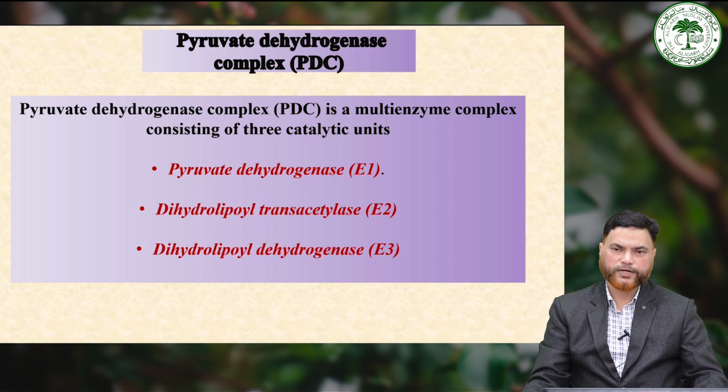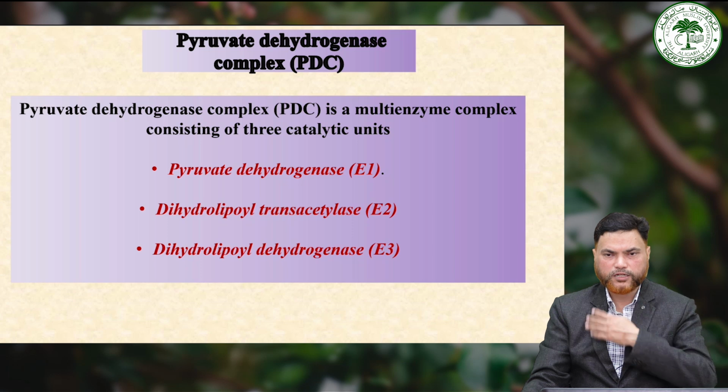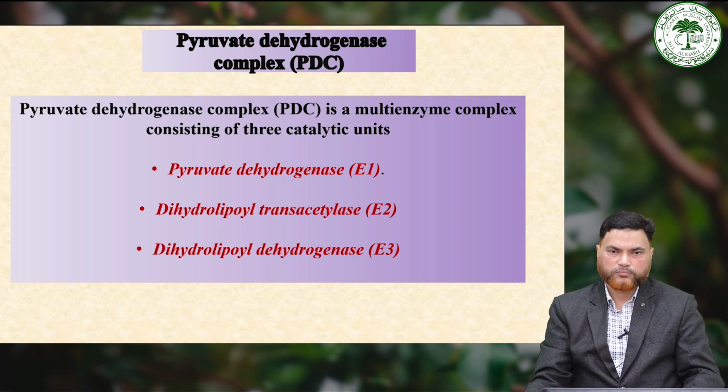And then pyruvate dehydrogenase also facilitates the second step, where 2 electrons and the acyl group are transferred from this TPP to the oxidized form of the lipoyl group of the coenzyme, that is dihydrolipoyl transacetylase, that is E2, leading to the creation of an acyl thioester of the reduced lipoyl group.